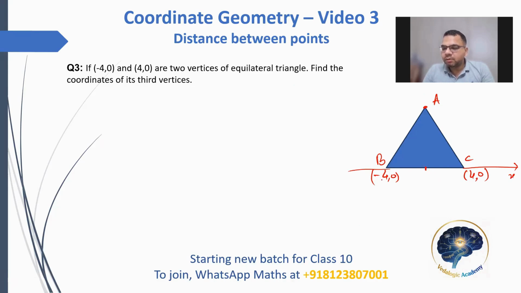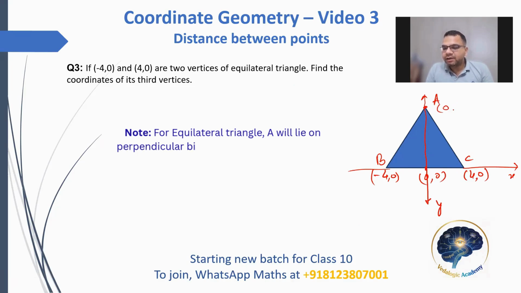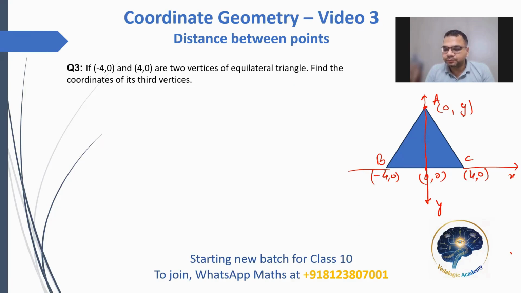Can you tell me what is the middle point of this base? It will be minus 4 plus 4 by 2, which will be 0. And again, y is anyway 0. So I can say that this is the y-axis, right? And we have to find the coordinates of A. For the coordinates of A, x will be 0 because it's lying on the y-axis. All I need to find is the y value of this.